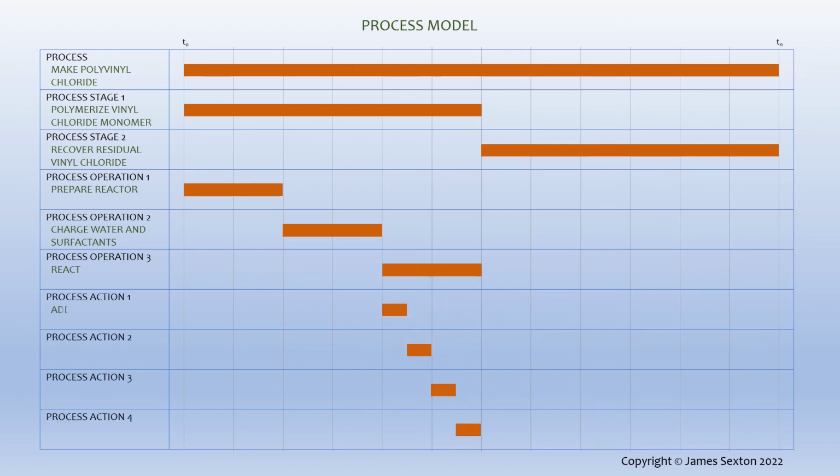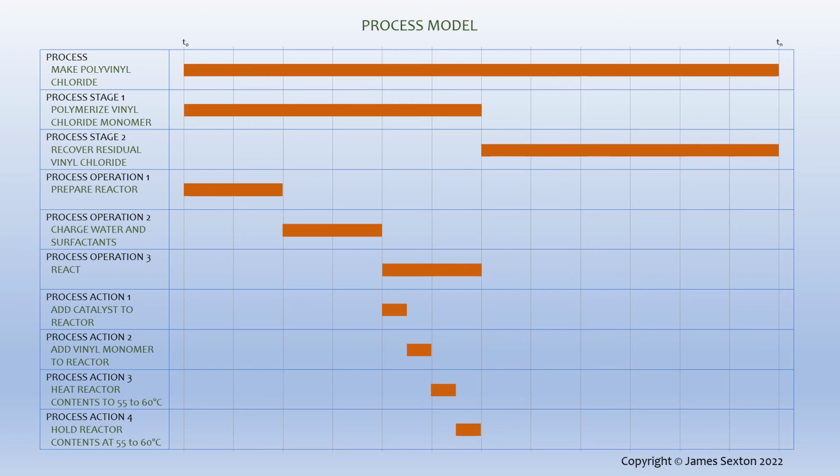Those are add the required amount of catalyst to the reactor, add the required amount of vinyl chloride monomer to the reactor, heat the reactor contents, and hold the reactor contents at 55 to 60 degrees C until the reactor pressure decreases. We've shown the breakdown to lower levels as completely sequential and in equal duration, just to simplify the explanation. However, that is not generally the case.